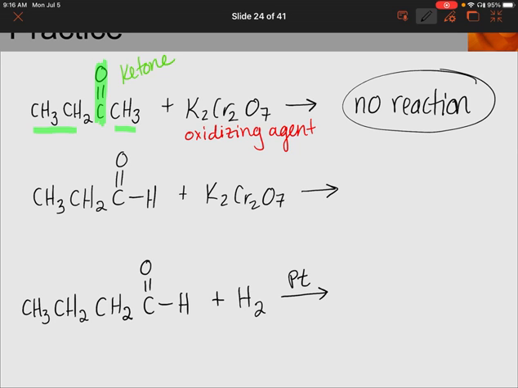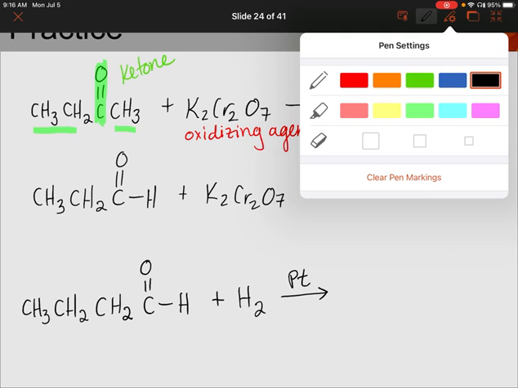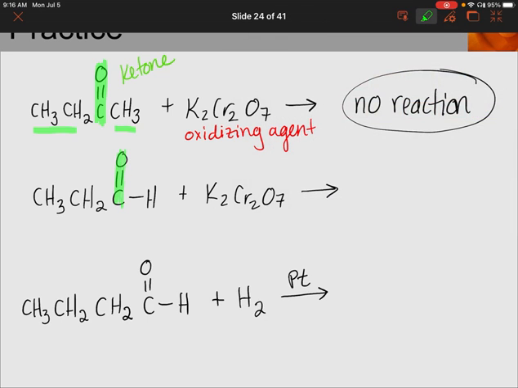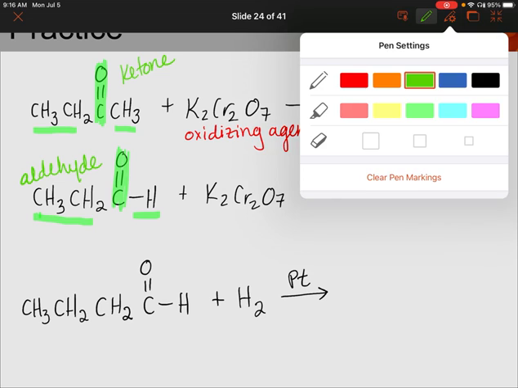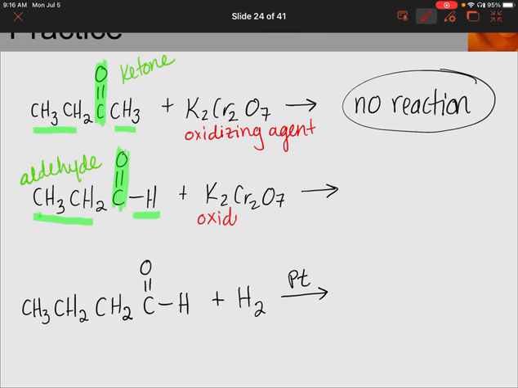Okay, let's look at the reaction below that. So let's find our carbonyl group. Okay, so it has an alkyl group on one side and a hydrogen on the other. So is this an aldehyde or a ketone? An aldehyde. And we have our oxidizing agent again. And do aldehydes go through oxidation? Yes, they do.